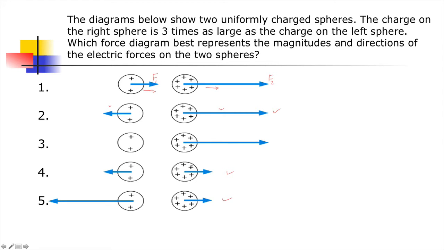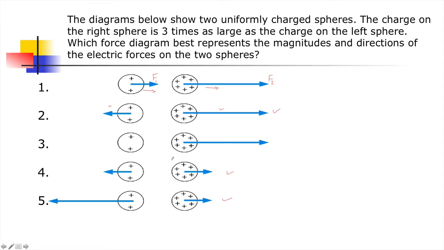Always keep in mind that something you learned before remains valid as you move forward in other chapters. In Newton's laws of motion, we mentioned that for every action there is an equal but opposite reaction, and that law is still applicable here as well. That means if one positively charged object pushes the other with 10 newtons of force, then it experiences 10 newtons of force back, and vice versa.